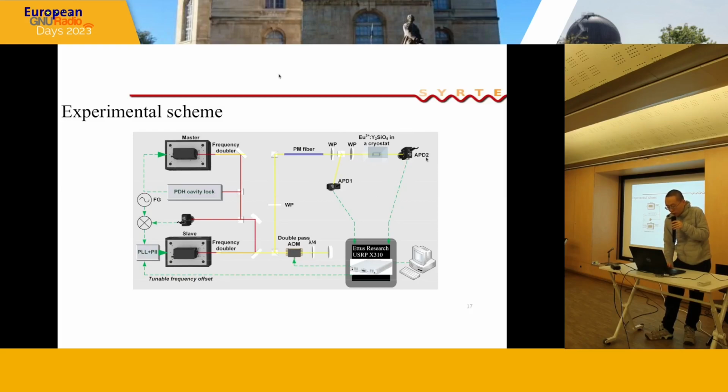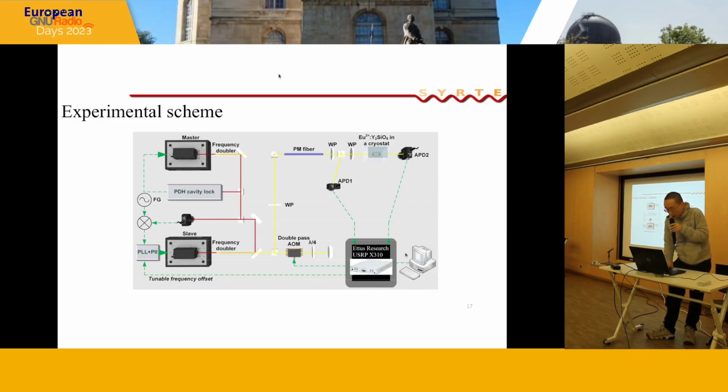For the detection part, as you can see, the crystal is here in the cryo status, which has a very low temperature, around 4K. And there are two APDs. They generate the beat note signal and send it to the FPGA, which is the USRP X310 we are using in our experiment.